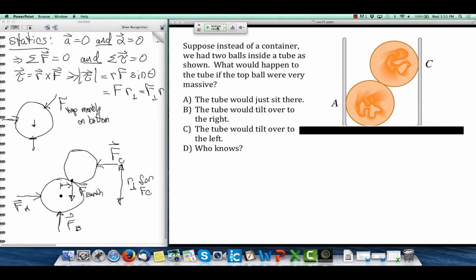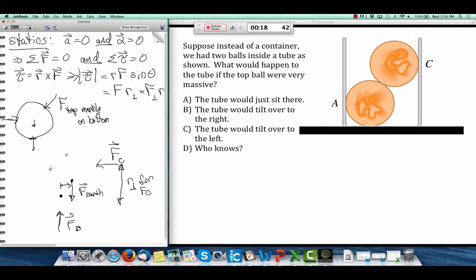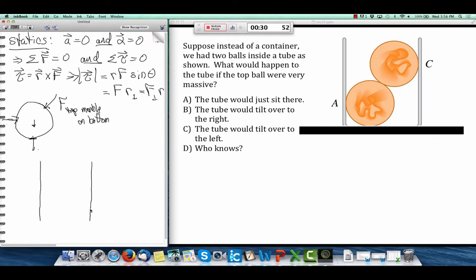What do you think? Since we're talking about the aluminum tube, just think of the aluminum tube and the forces on the aluminum tube.